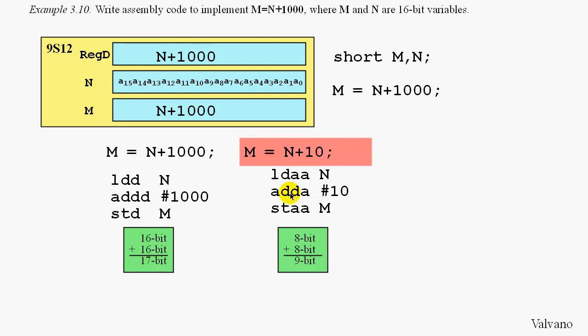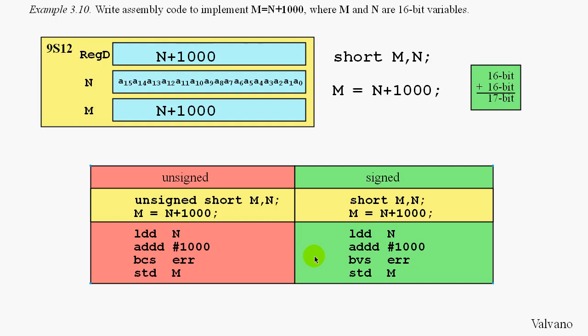Conversely, if m and n happen to be 8 bits, notice in C there's very little difference between these two lines of C code. But if m and n were 8 bits, we would have used an 8-bit register, an 8-bit addition, and had the problem of overflow because an 8-bit plus an 8-bit gives us a 9-bit sum.